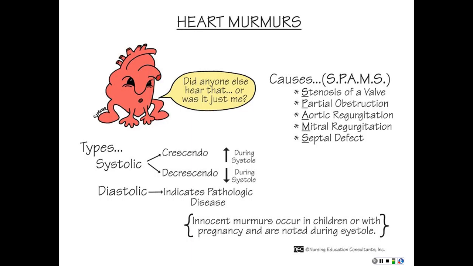You can have a crescendo, decrescendo type process throughout the systolic. So, again, I don't expect you to be experts. Understand that these murmurs can indicate stenosis of a valve, partial obstruction of a valve, regurgitation of either the aortic or the mitral valve, or septal defect, whether that defect be between the two atria or between the two ventricles.